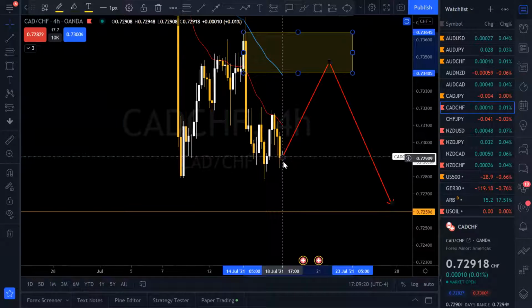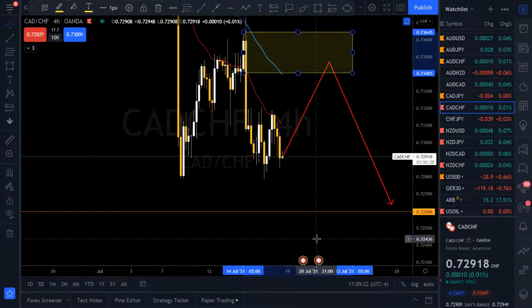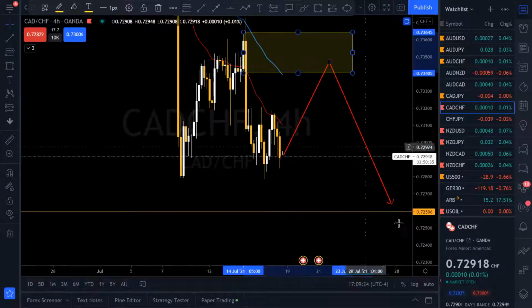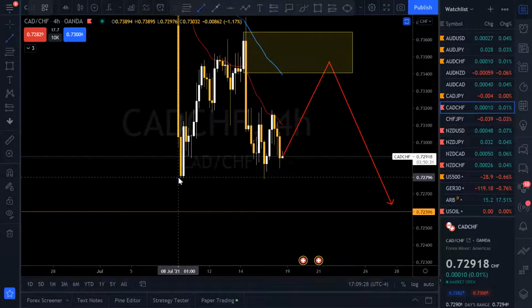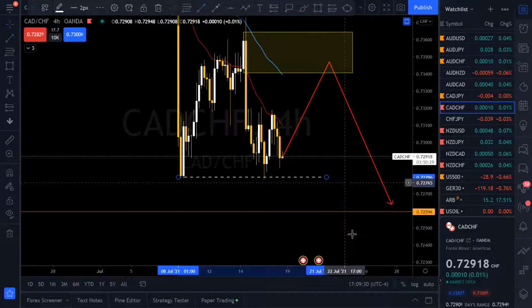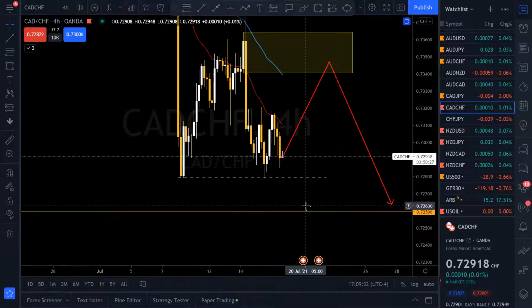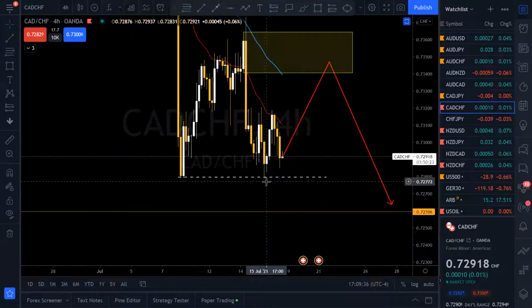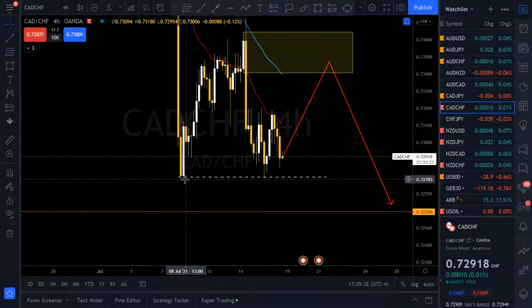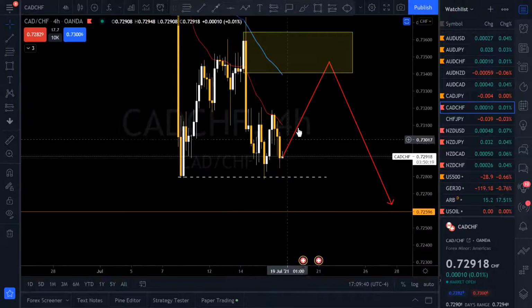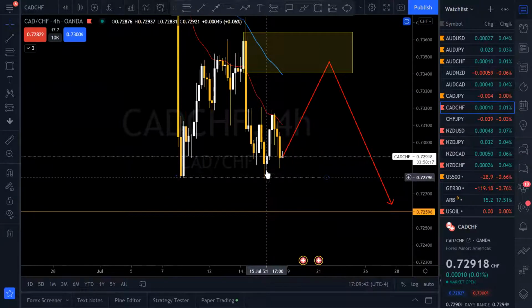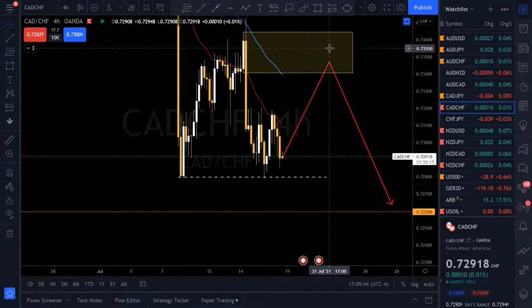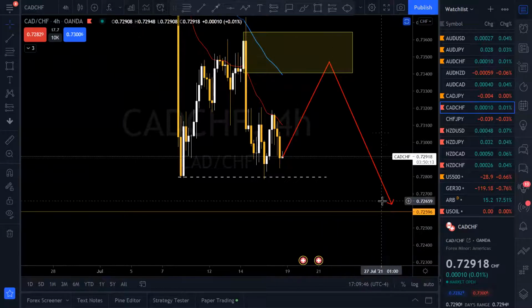Wondering if we're going to fight our way through, grind our way through, and continue on down, or pull back first and then come on down. So you want to keep in mind those are the things you're working with. If we break this low, and we did break below it just to grab that liquidity and head up, I'm thinking there are signs that we might be heading up and then coming back down. Okay, that's the way I'm reading this.